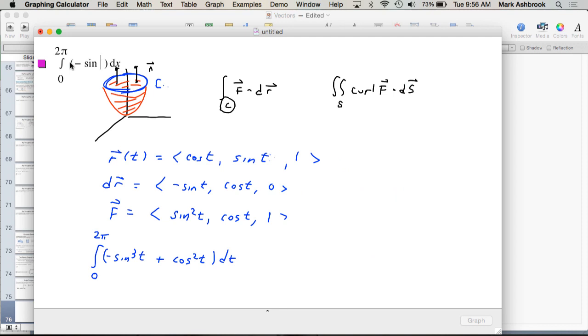Negative sine x. Another set of parentheses here. Plus cosine squared.